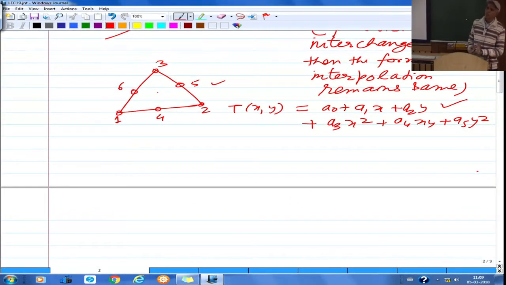This we are talking of the interpolation in the physical coordinate space itself. That is, you are approximating your unknown dependent variable in terms of your physical coordinates, xy coordinates, which actually define the physical domain of the problem. So then why only limit to triangles?